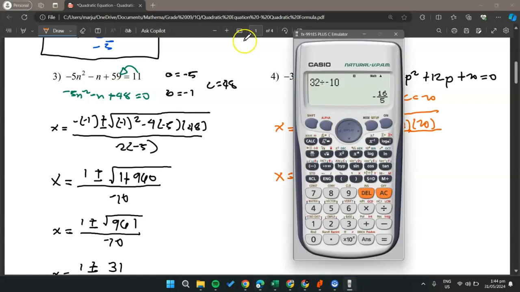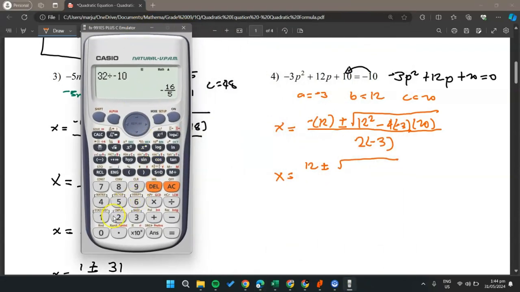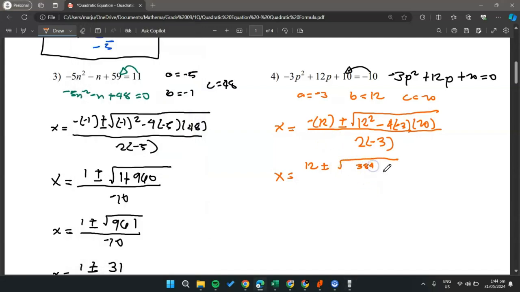We'll just do that one directly. What is 12 squared minus 4 times negative 3 times 20? That should give us 384. So we will do 384 divided by negative 6.